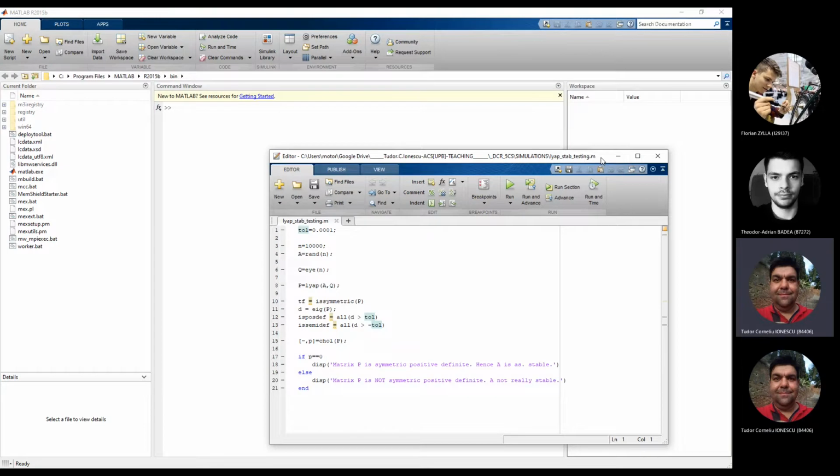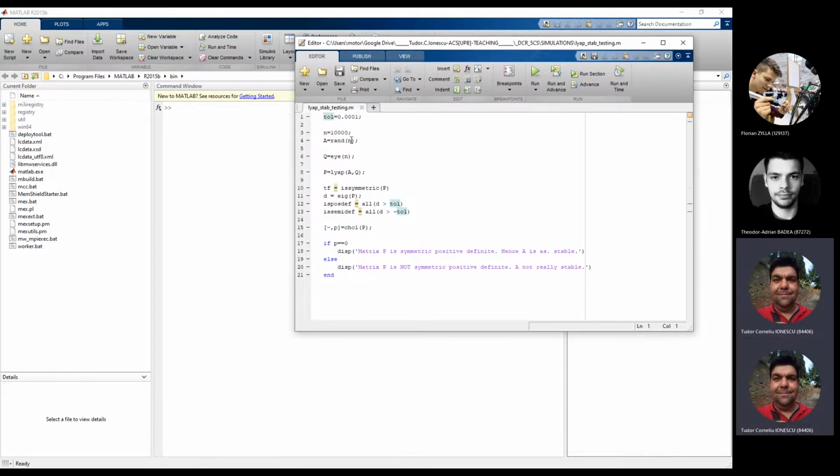Look, I'm setting up. Can you see the screen? Yes, the MATLAB window.